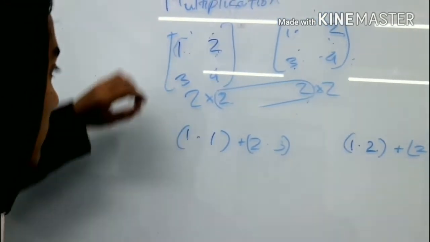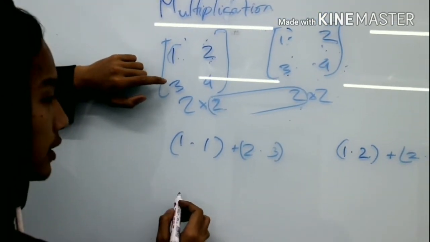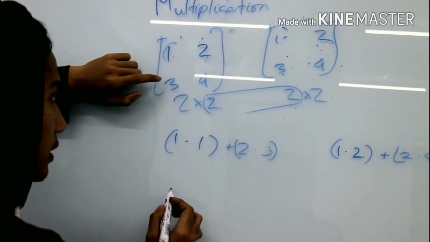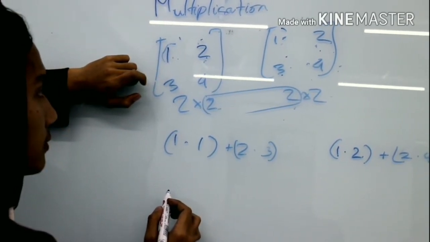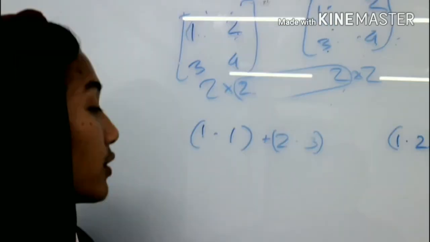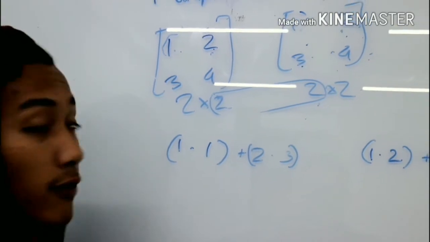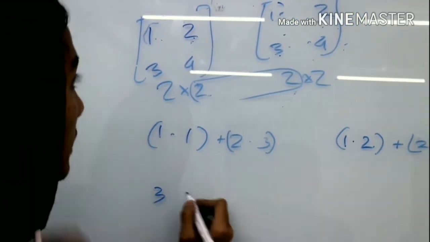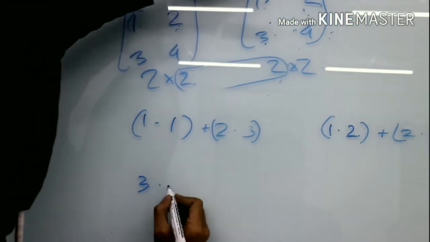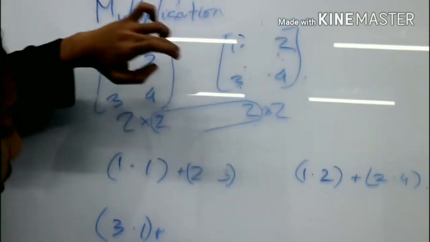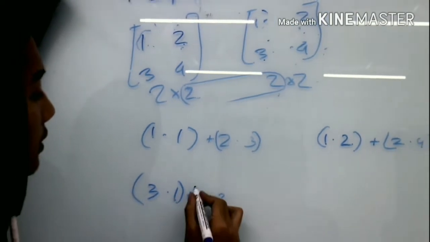Okay, and now for the second row and first column, and this is for the second row and the first column: 3 times 1 plus 4 times 3.